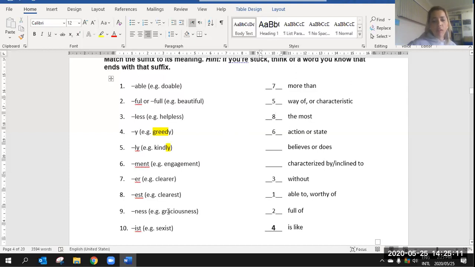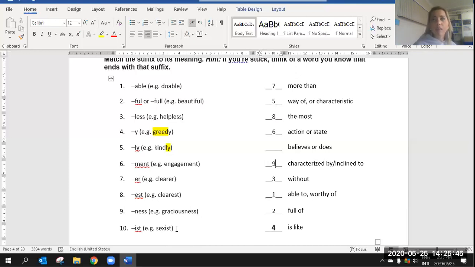Then ness, for example, to be gracious, to have graciousness, so there my answer would be characterized by or inclined to. Just by a process of elimination, I could already have worked that one out. And then number 10, sexist means to basically look down upon somebody or act in a manner towards them purely based on their gender, because they are either a girl or female, or because they are a boy or male.